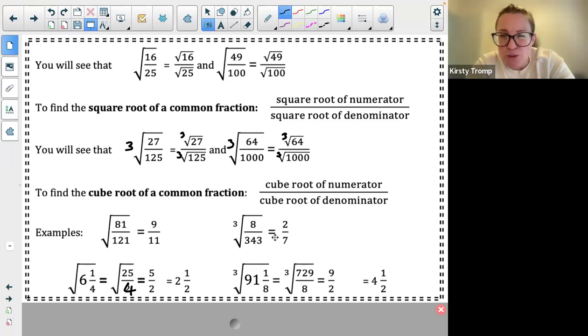Square root, not the cube root, the square root. Oh, the square root. Okay, I see now. That's okay. If it has a little 3 on it, then it's the cube root. Okay, you good? Yes, ma'am, I just didn't read it. It's fine. Don't stress.